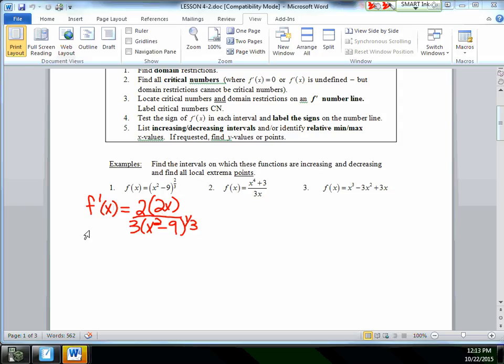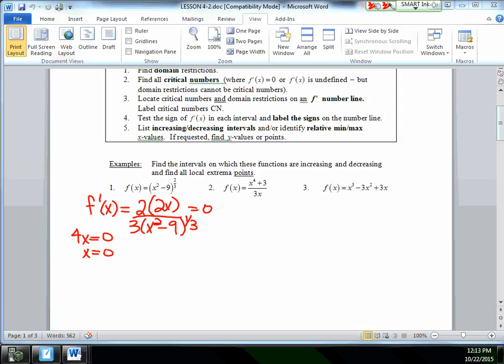So there's my derivative, and we set it equal to 0. So I set that top equal to 0 because that's when the derivative will be 0. So 4x equals 0. So I get x equals 0 is a critical number.